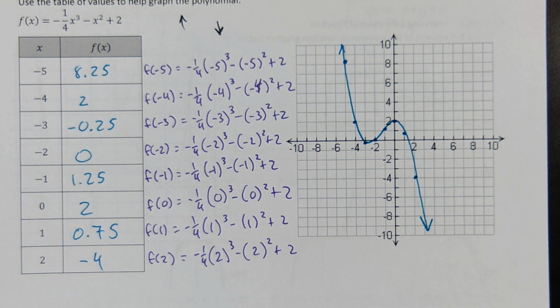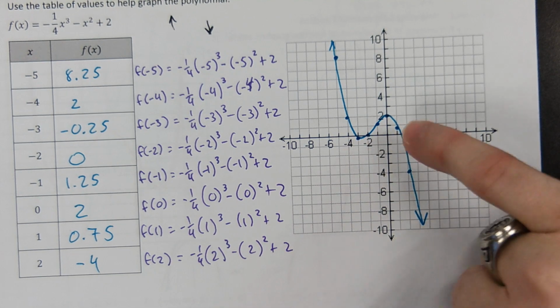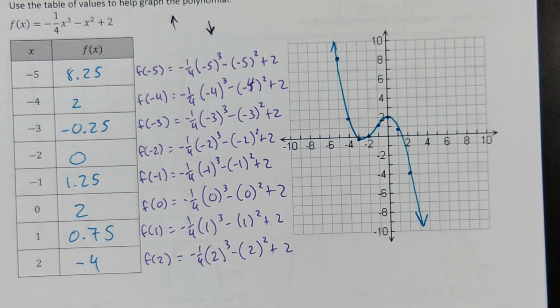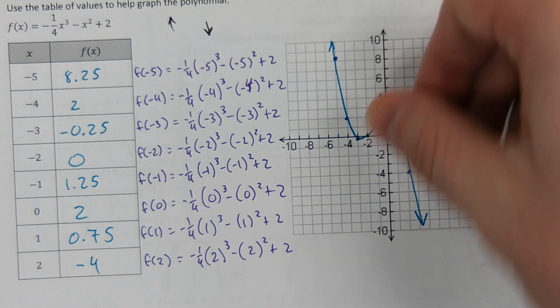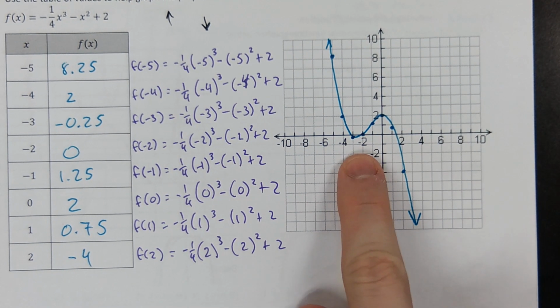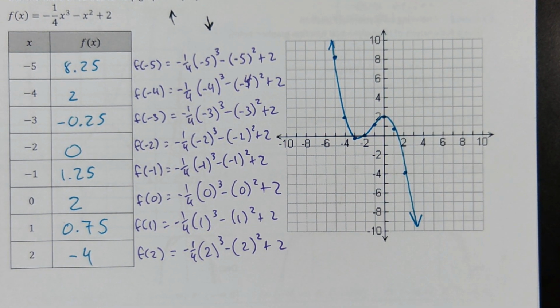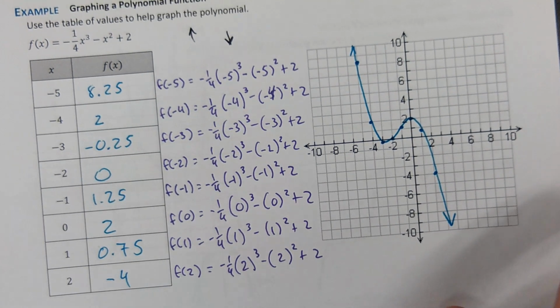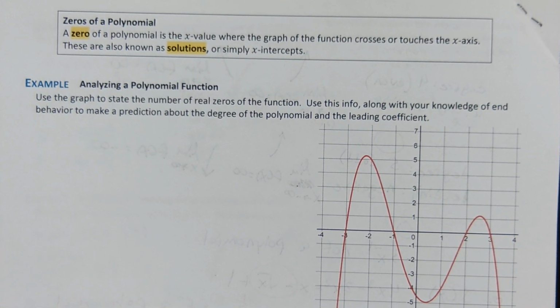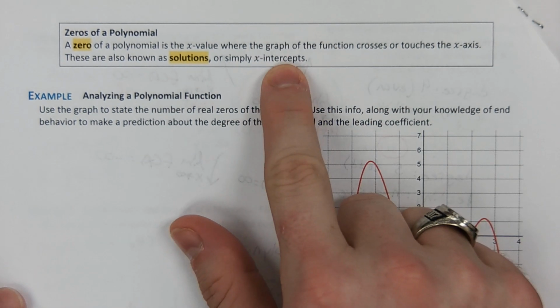Out of curiosity, do you guys remember what we call these kinds of things? Bottoms of bumps and tops of bumps? Minimums and maximums. Relative minimums, relative maximums. Together they're known as extrema. And vocabulary for where a graph crosses the x-axis: they're known as x-intercepts. Do you know what else they're called? They're called zeros and solutions.